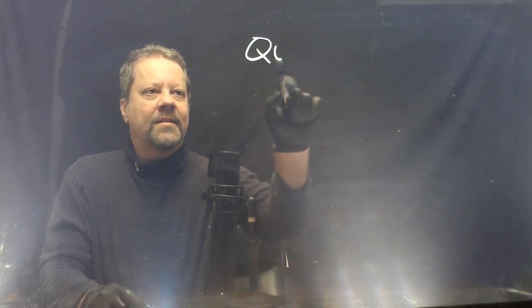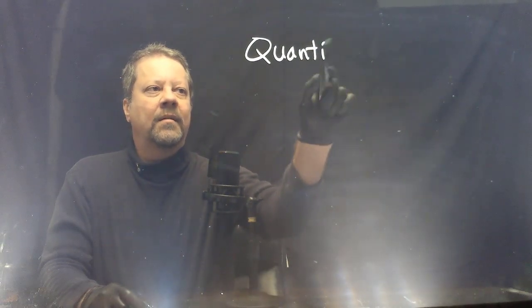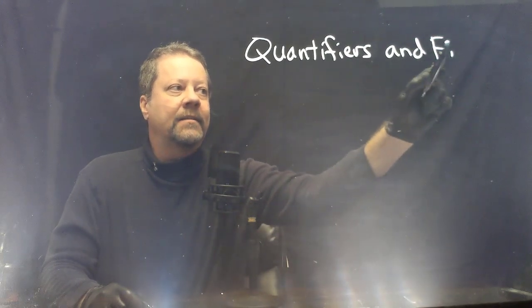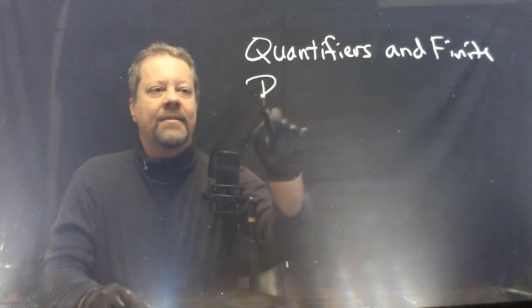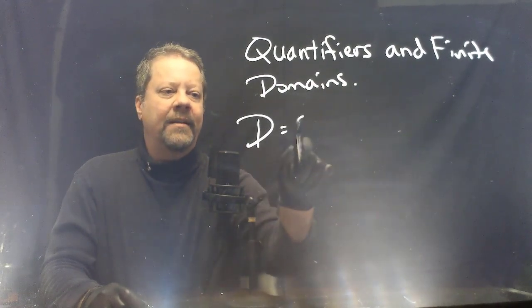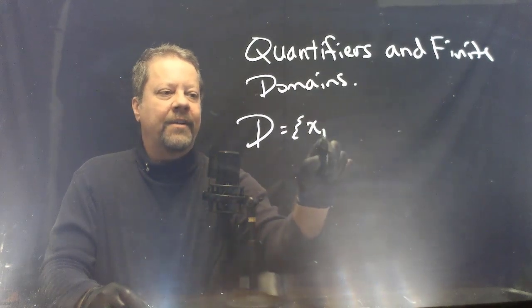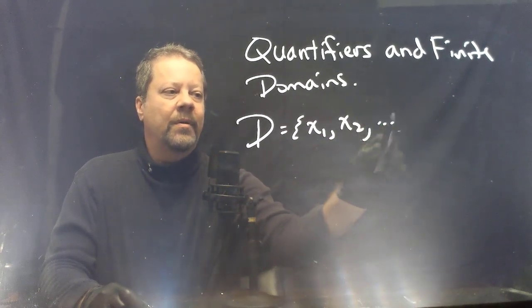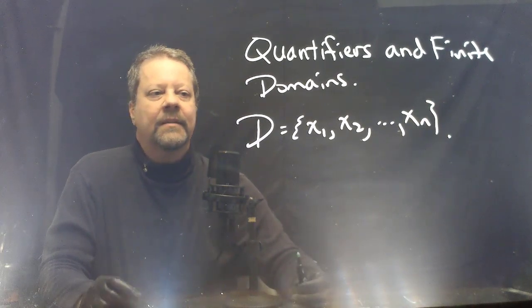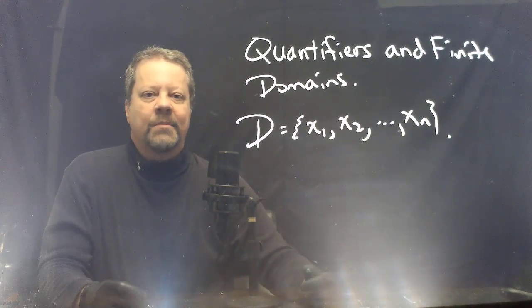We want to discuss quantifiers and finite domains. Let's suppose our domain has only values x1, x2 through xn. So n different values are the only things that are possible.